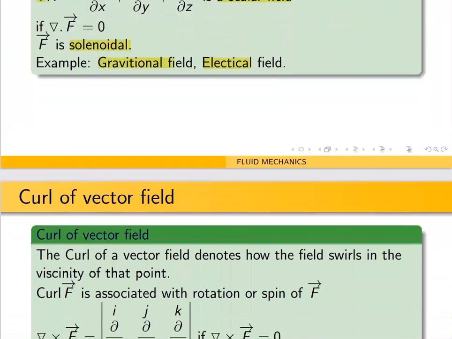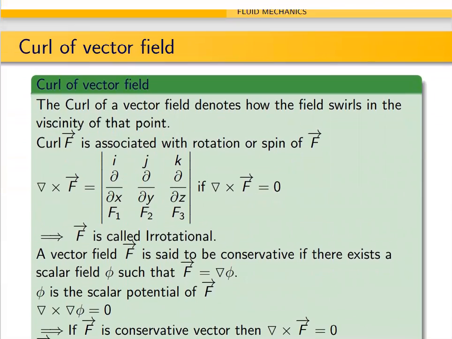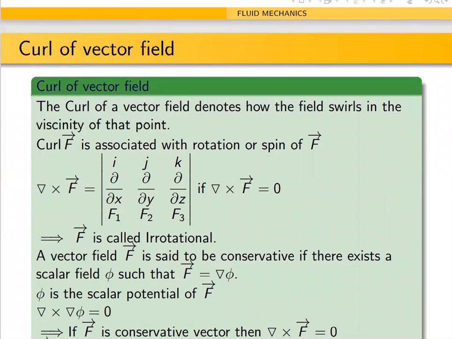Let us see what is curl of a vector field. Curl of a vector field denotes how the field swirls in the vicinity of that point.